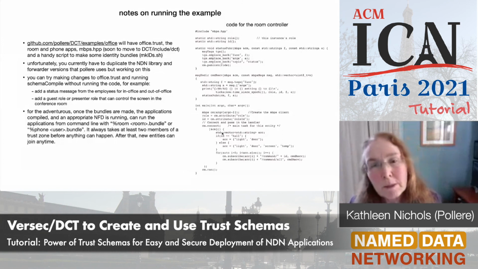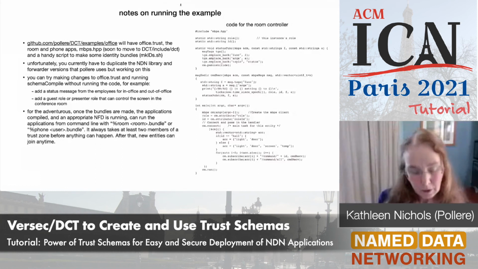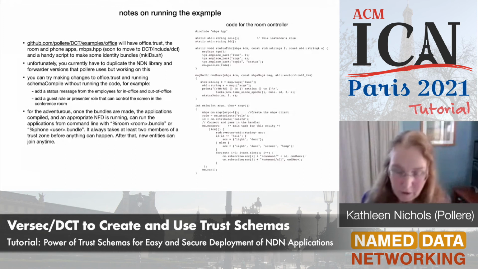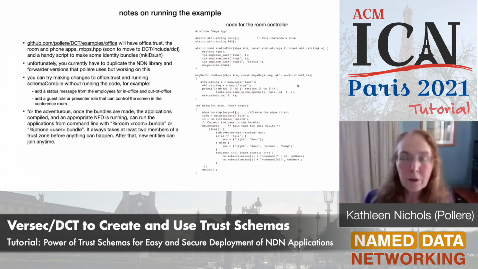And since we're an application, we know something about those names that are in the trust schema. It's possible to have an application writer be different from a trust schema writer. Then the application just needs to know the names of the things that it's communicating about.